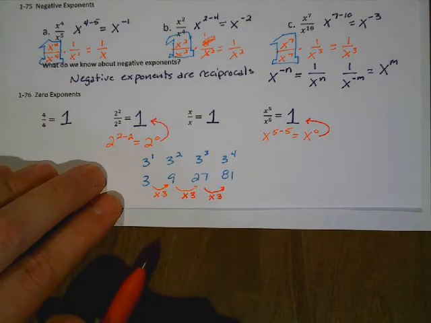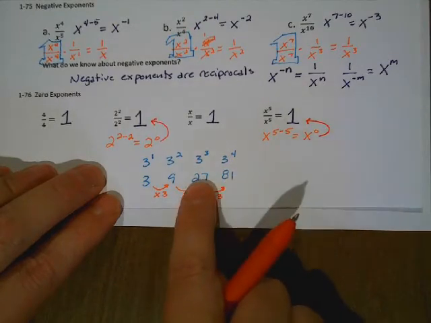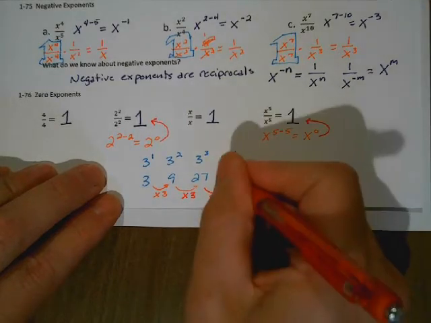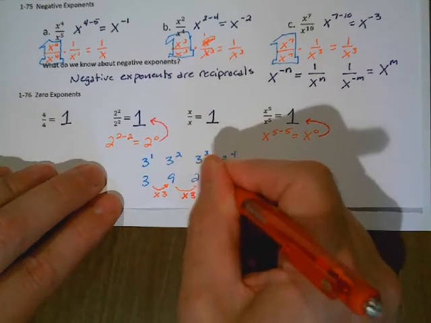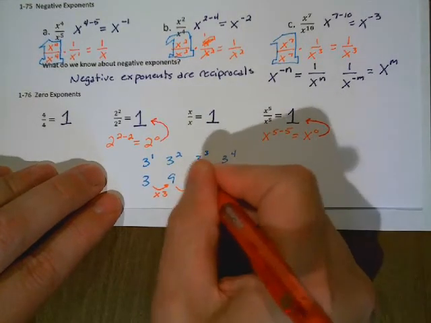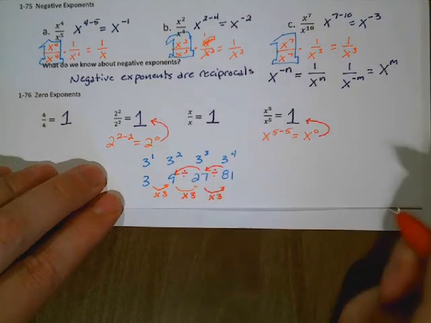What if I wanted to go from right to left instead? If I want to go from 81 to 27, what am I doing? Well, this direction I was multiplying by 3, so going backwards, I must be dividing by 3. And going backwards here, 27 divided by 3 is dividing by 3 again.